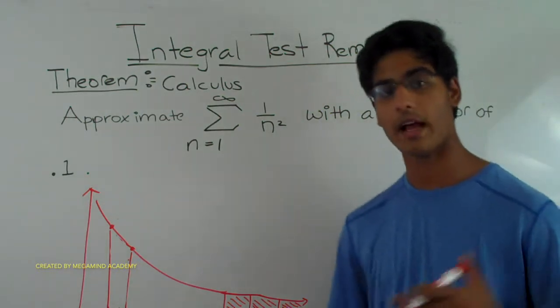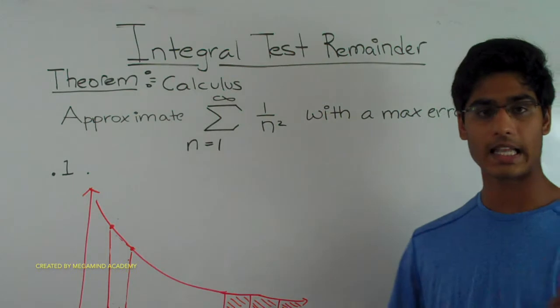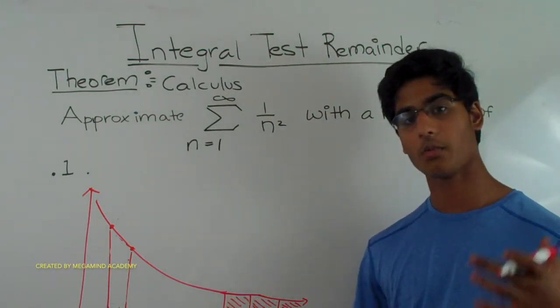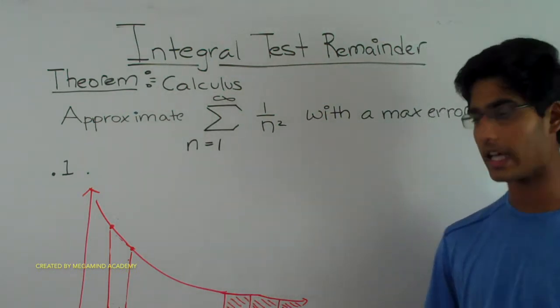So that means your error will be less than 0.1, and your approximation will be closer to the actual value.